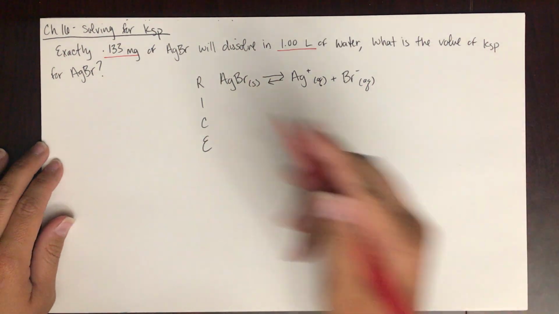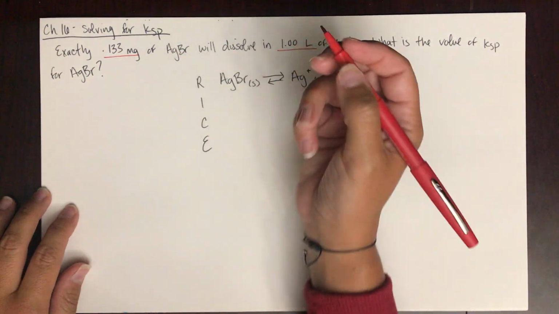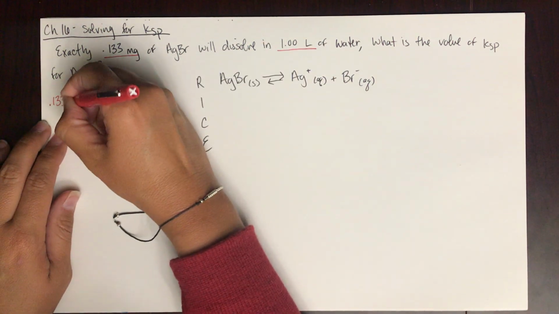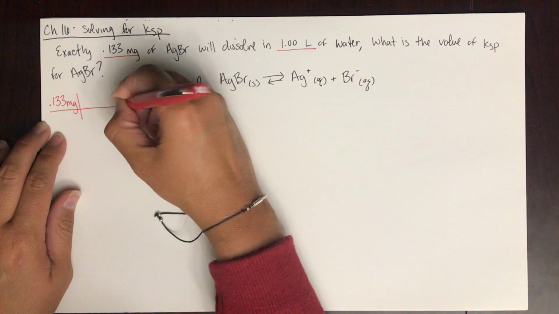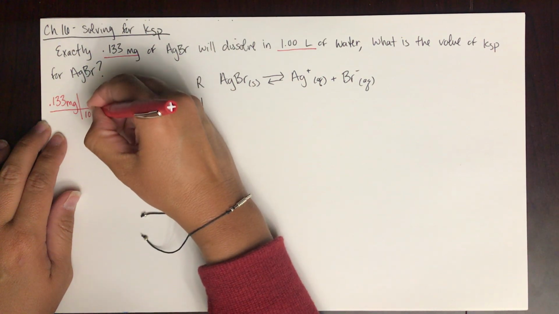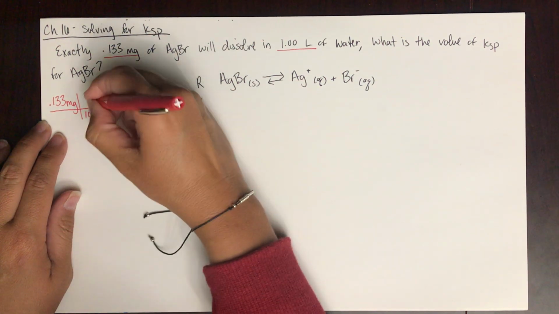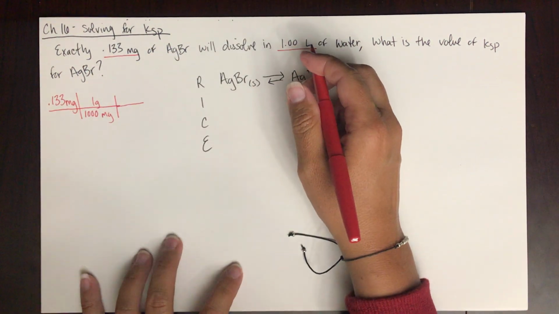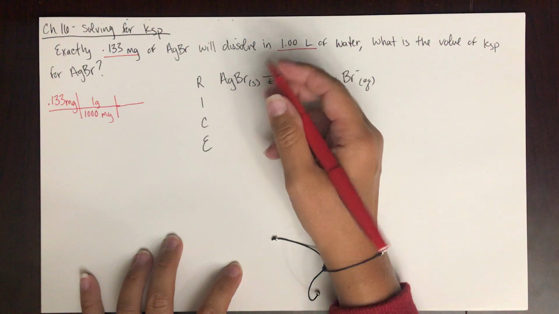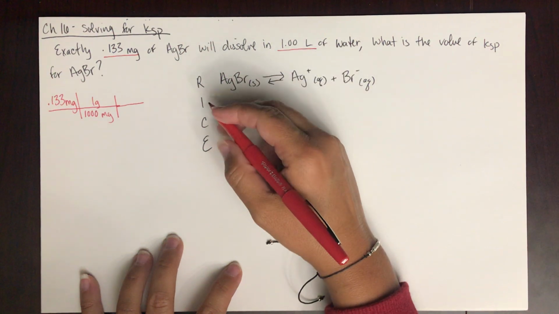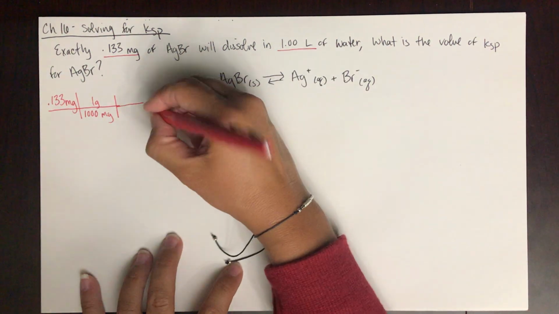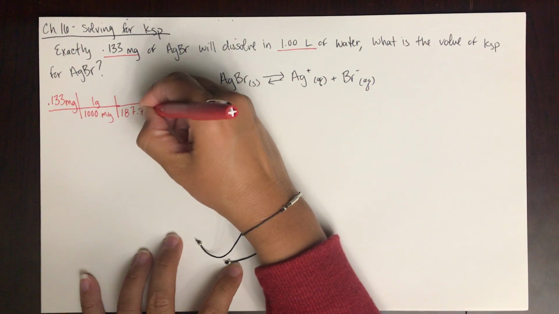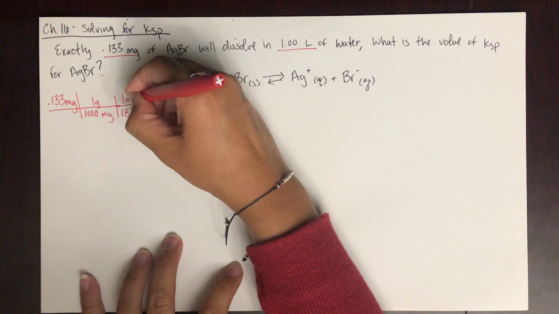So let's see. So we have 0.133 milligrams. And I know there are 1,000 milligrams in 1 gram. And I know the molar mass, just by looking up the molar mass on the periodic table of silver and bromine and adding them together, is 187.77 grams in 1 mole.